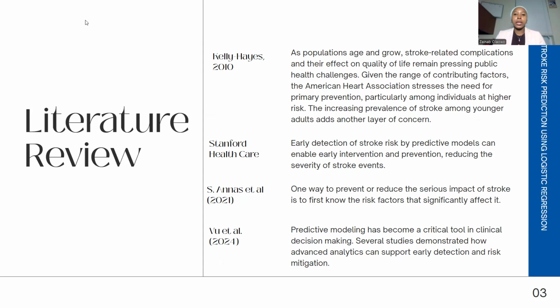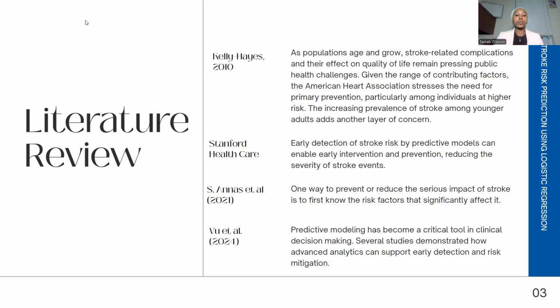And Stanford Healthcare also said that early detection of stroke risk by predictive models can enable early intervention and prevention, reducing the severity of stroke events. A lot of this literature is showing us that stroke has become an increasingly important conversation.